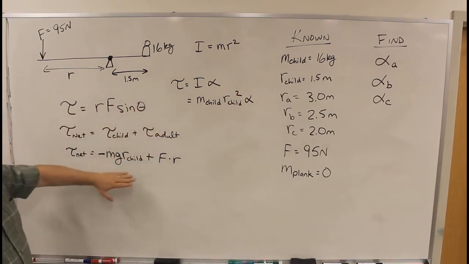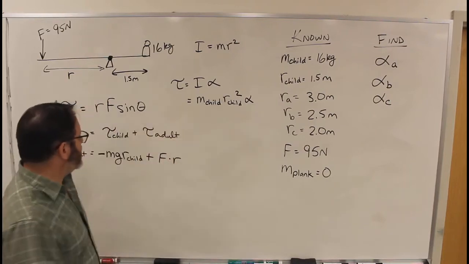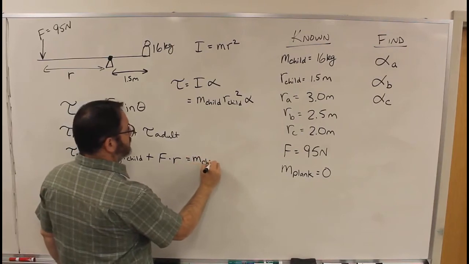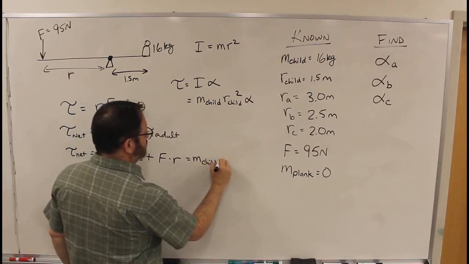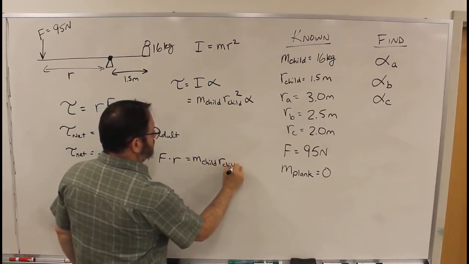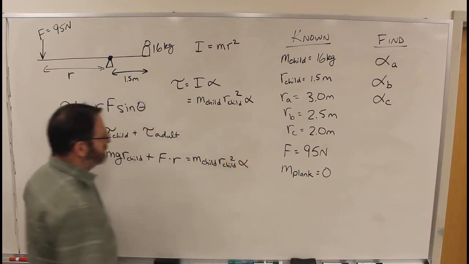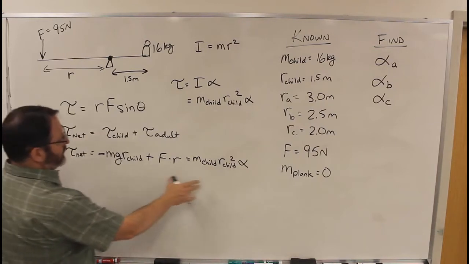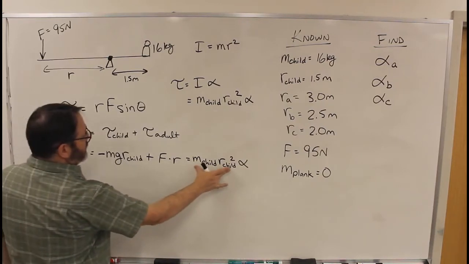So now we can set this equal to that. What we're looking for is alpha, so we divide both sides by this.